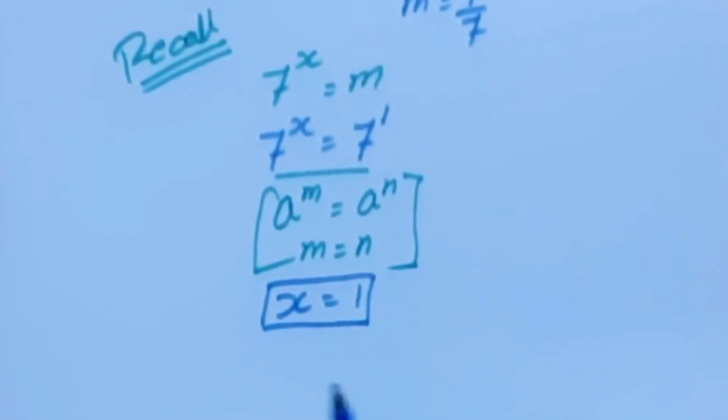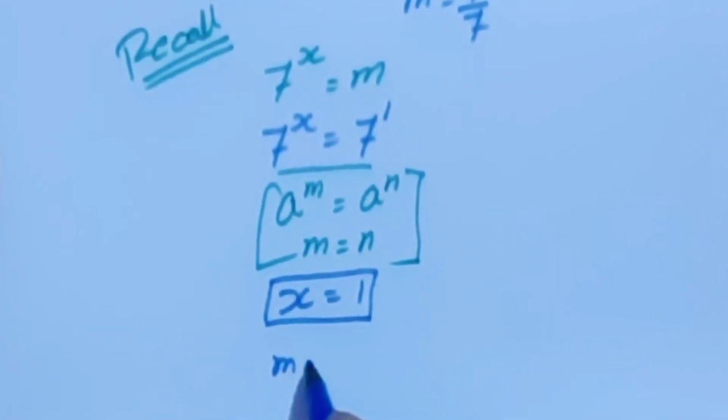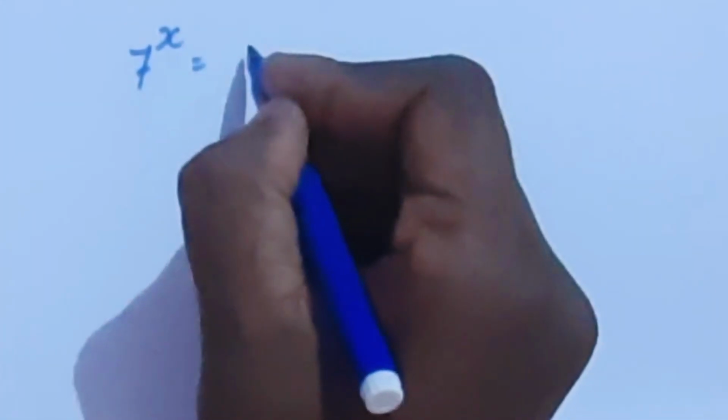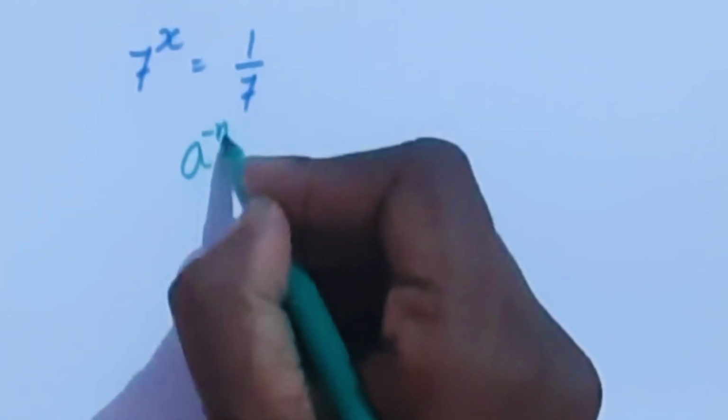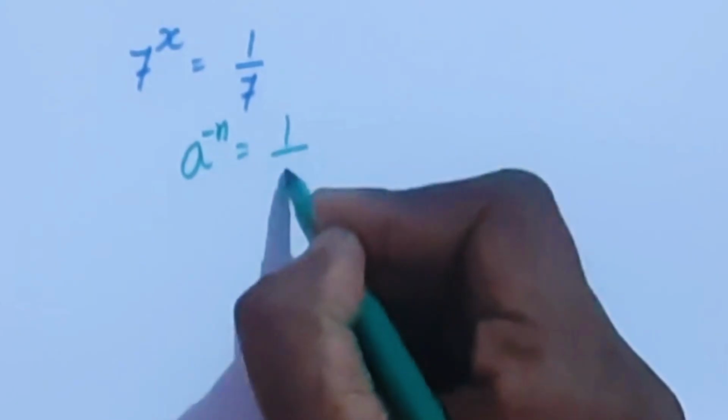Now applying m equal to 1 by 7, so we'll get here m is 7 power x equal to 1 by 7. Now, as per this exponent identity, 1 by a power n, this we are going to apply here.